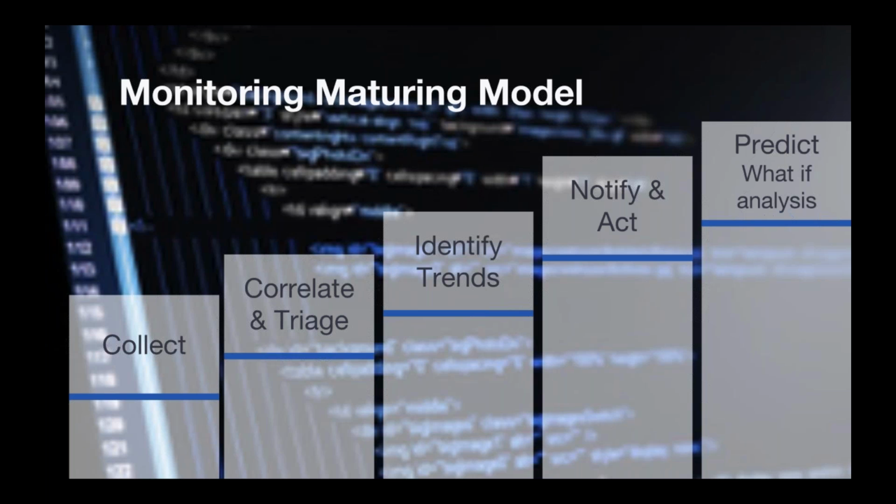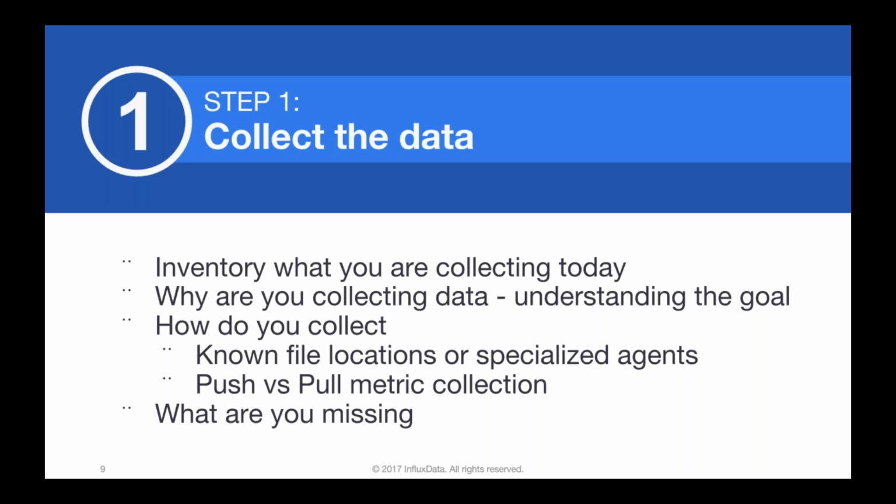Okay, so let's go in a little bit deeper, Russ. Yeah, exactly. I think step one is collecting the data. We've all looked around at different applications, different systems, different infrastructure, and seen all of the different metrics that you can collect, and it can be a little bit overwhelming. But the first step is really to do an inventory of the information that you're collecting today.